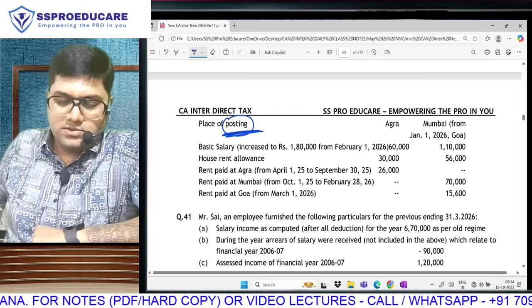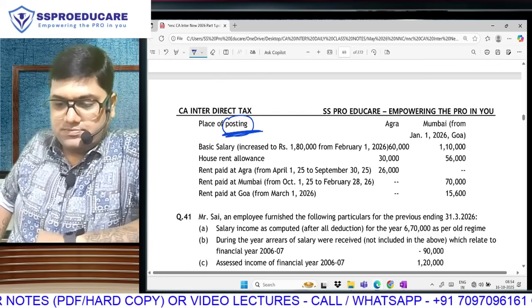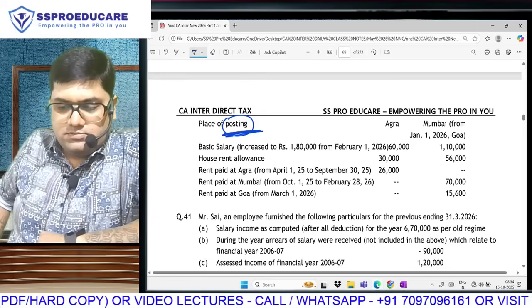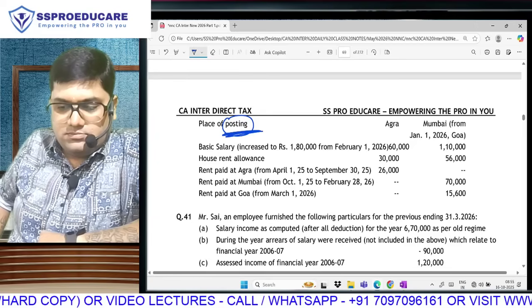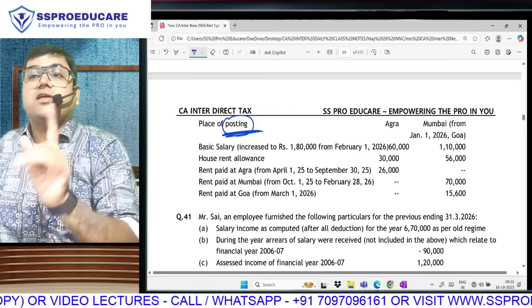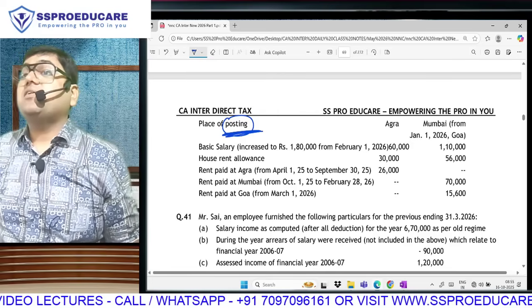Correct? Carry on. Basic salary increased to 1,80,000 from 1st Feb 2026. For A Limited it was 60,000, B Limited 1,10,000. Understand the timeline. April to August when he worked for A Limited, his monthly salary was 60. In October he joined B Limited at 1,10,000.